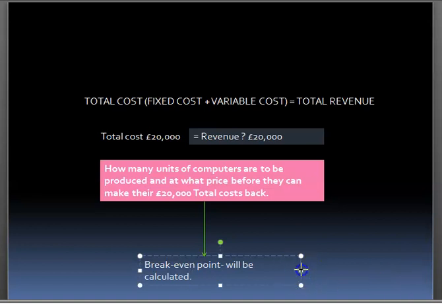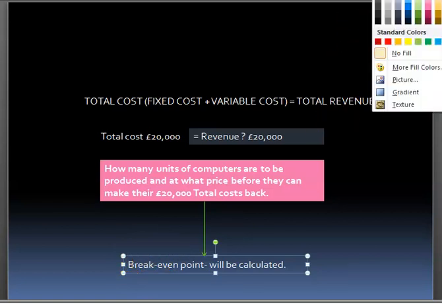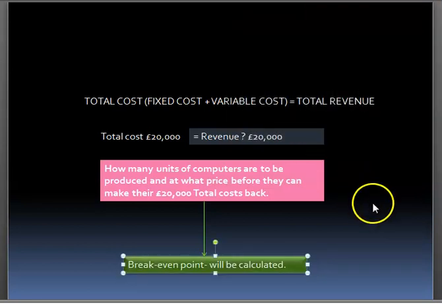So now we're going to have to calculate this break-even point to be able to answer that question for the business. Every business does this before they can make decisions in their company. They need to know how much they need to produce to make their money back.